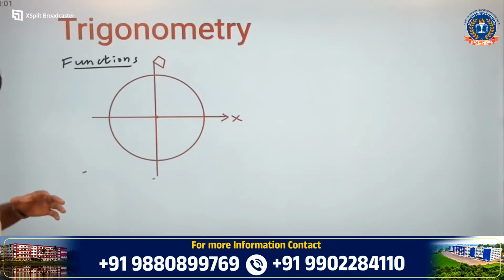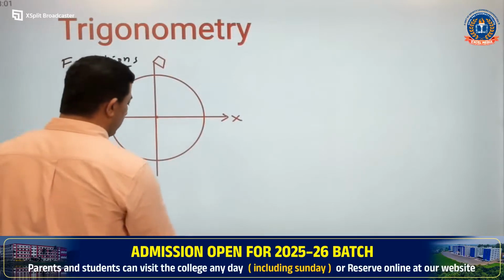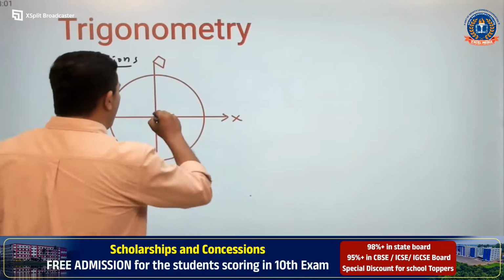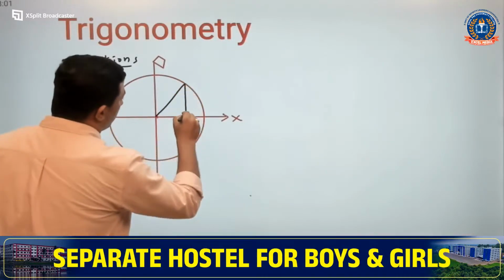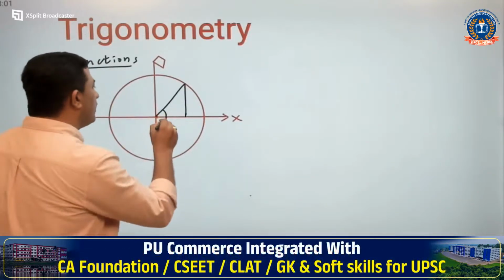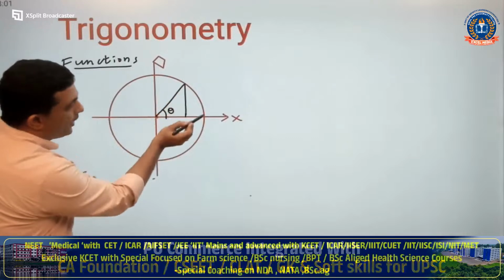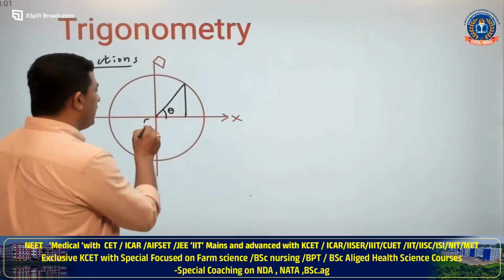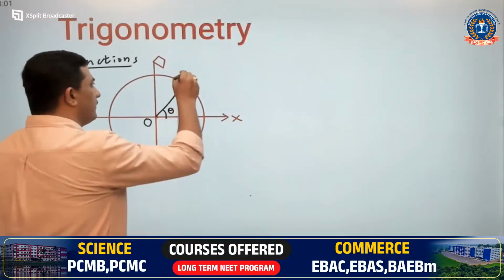To define them, usually I need a right angle triangle. Let's construct it. Just join this and then drop a perpendicular here. This angle is a radian measure because it is followed by an arc here. Now I call the origin O and the point P.